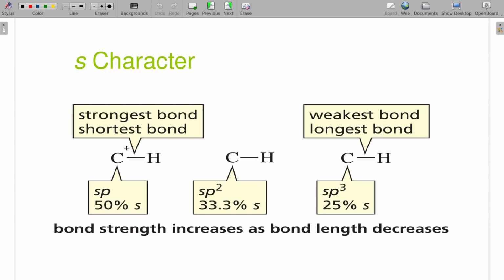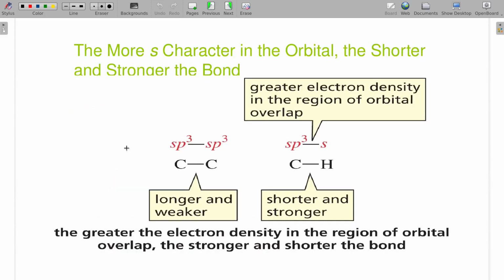But sp2, it's one s and two p's, so it's only 33% s. sp3 is only 25% s. So it turns out more s character gives you a stronger and shorter bond. And that really applies on almost anything we deal with. Anytime you see something with more s character, you're going to have a shorter and stronger bond.